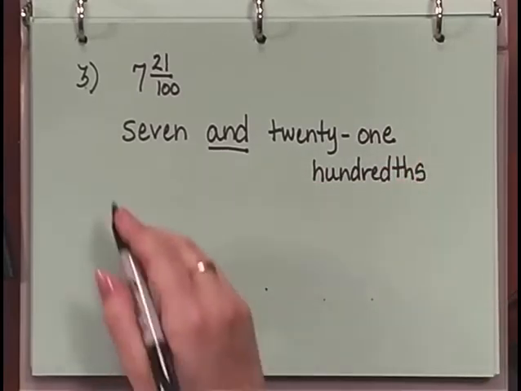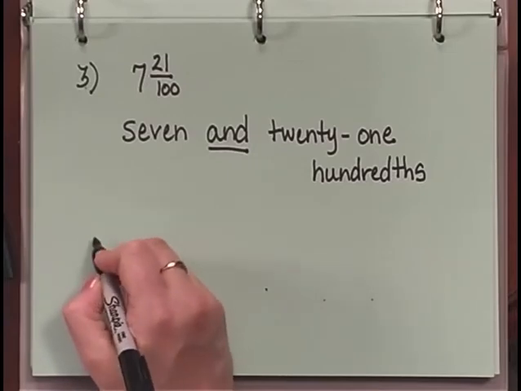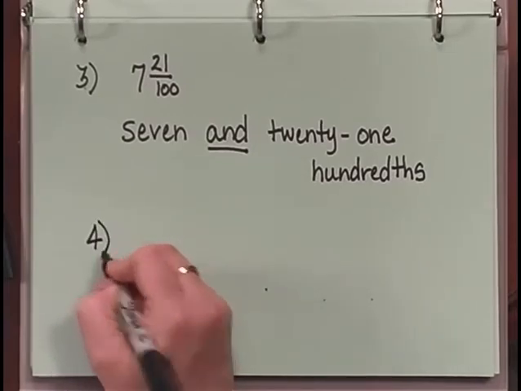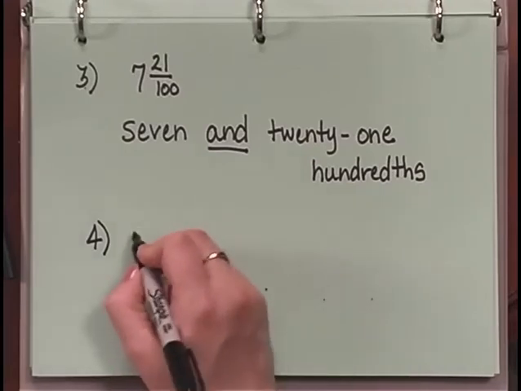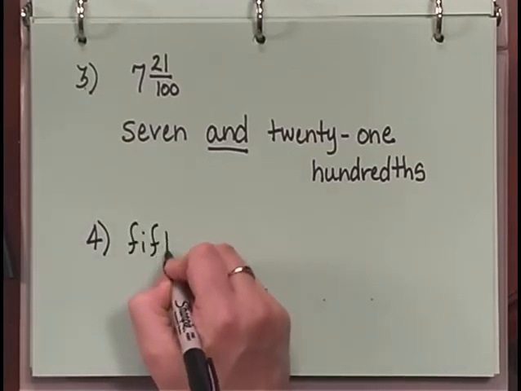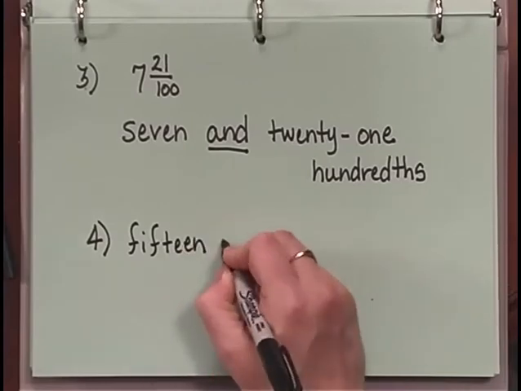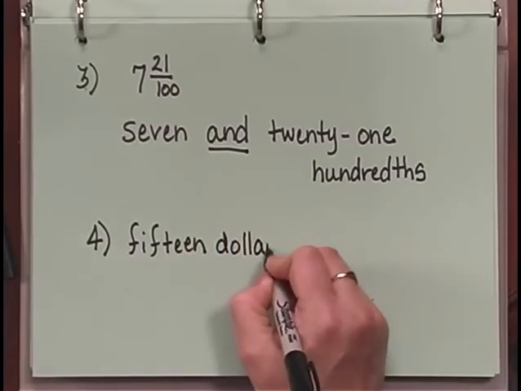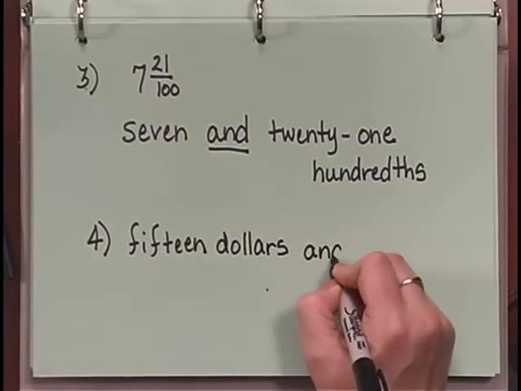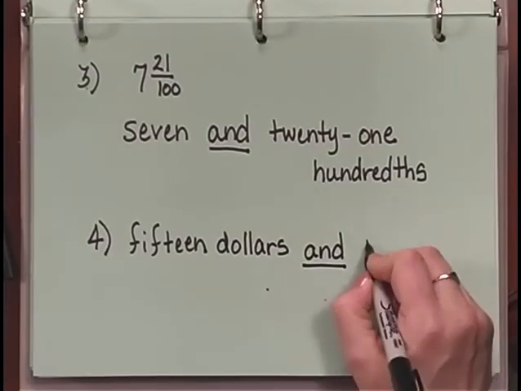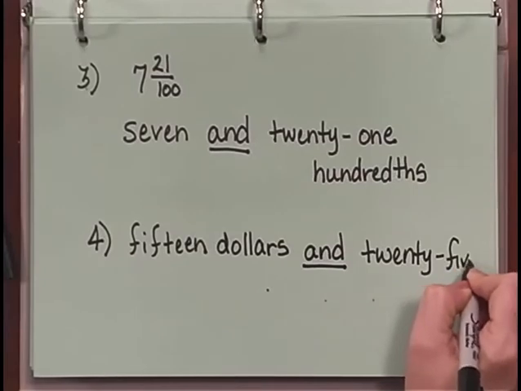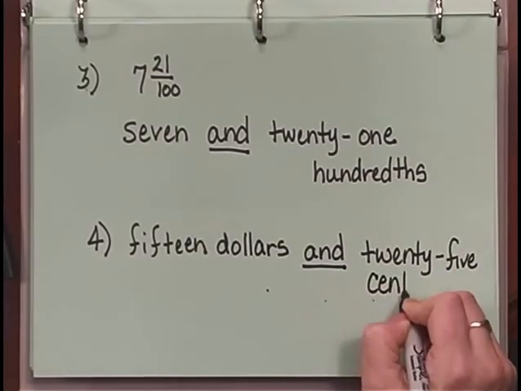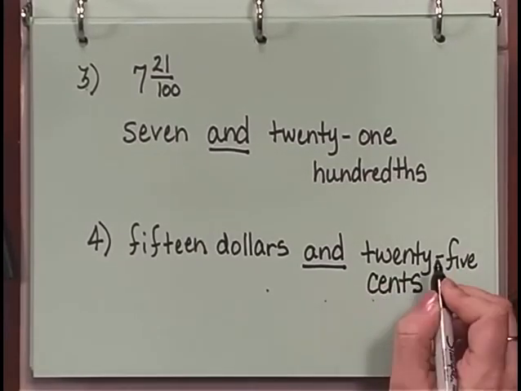Okay, now what we're going to do is we're going to learn how to write the names for money. So look at example 4. It says write $15 and 25 cents, and that's a key word right there, and, using a dollar sign.